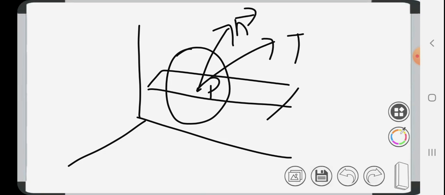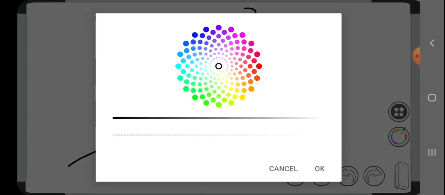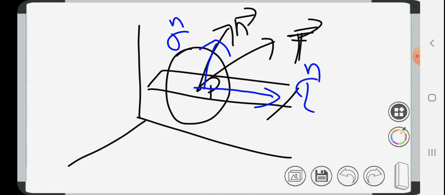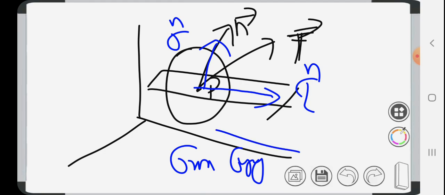This was our t vector. The t vector is already found by the square root of tx square plus ty square plus tz square. The component of this t along the n vector is sigma n. Perpendicular to that n vector is tau n. This is different from sigma xx, sigma yy, sigma zz. Sigma xx is parallel to x, sigma yy to y, sigma zz to z. Here sigma n is parallel to this n vector. That is the difference.